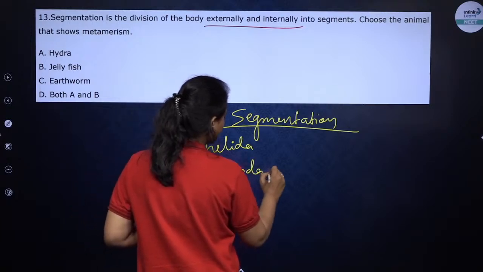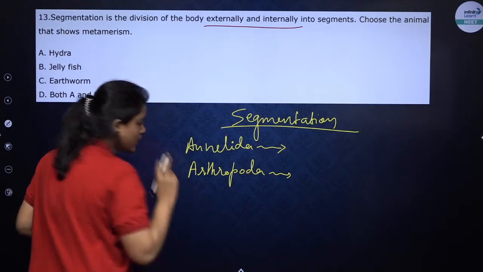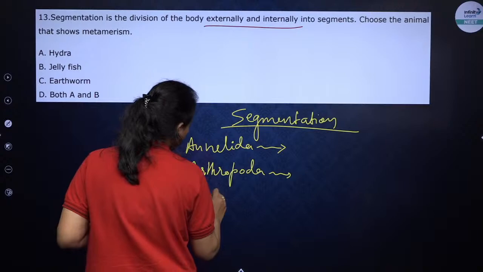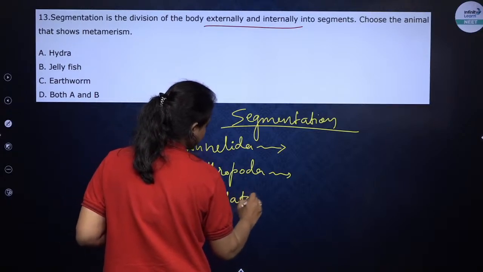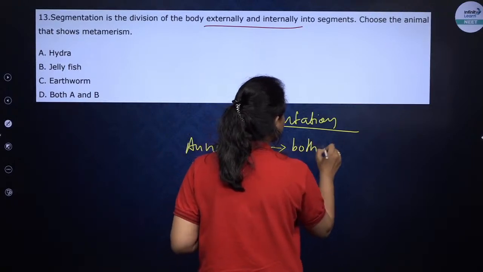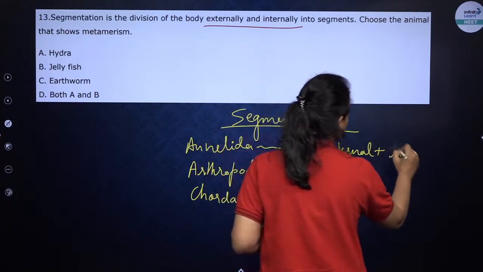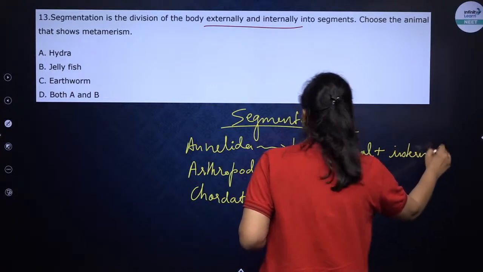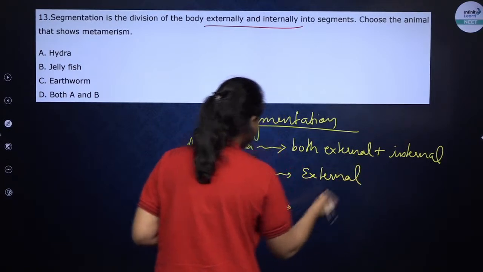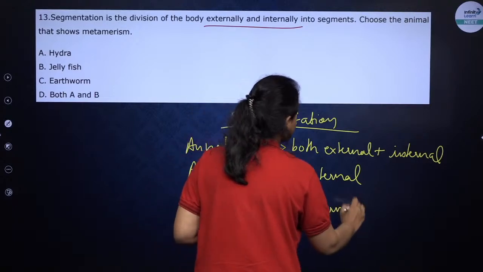Write it down everyone. And Mollusca has an unsegmented body, remember that. The third option will be Chordata, right? Annelida will have both external and internal segmentation. Arthropoda will have only external segmentation and Chordata will have only internal segmentation.